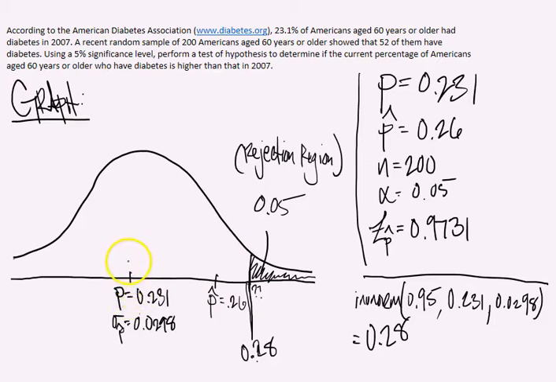So my null hypothesis, right, my assumption that I'm getting from the Diabetes Association, I would now assume is, I wouldn't say that it's correct, but I would say I don't have enough evidence to say that it's incorrect. Okay?